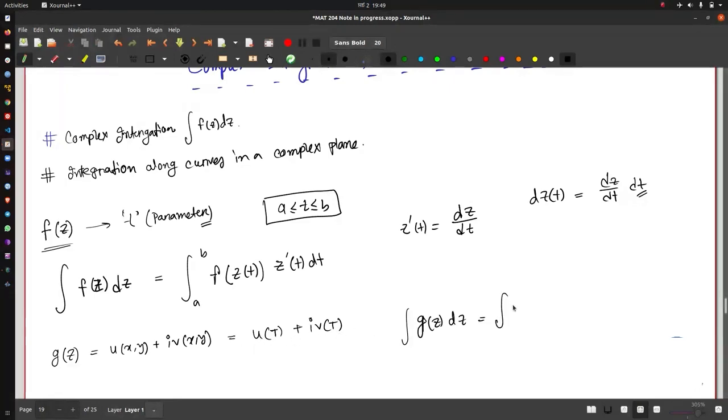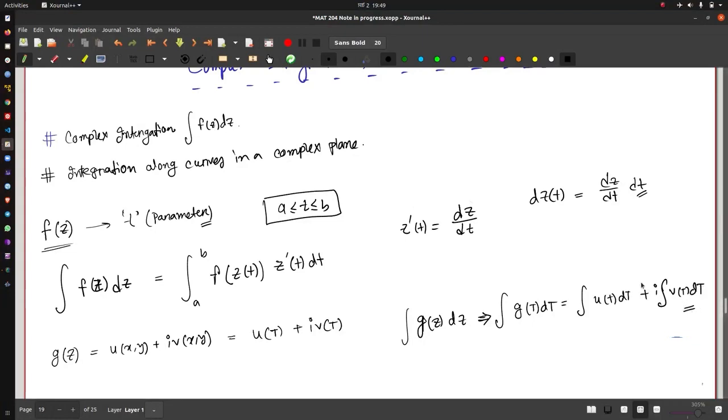That means this g of z dz would transform into g of capital T dt, and you would have u of T dt plus i v of T dt. And we'll see some examples at the end of this lecture.